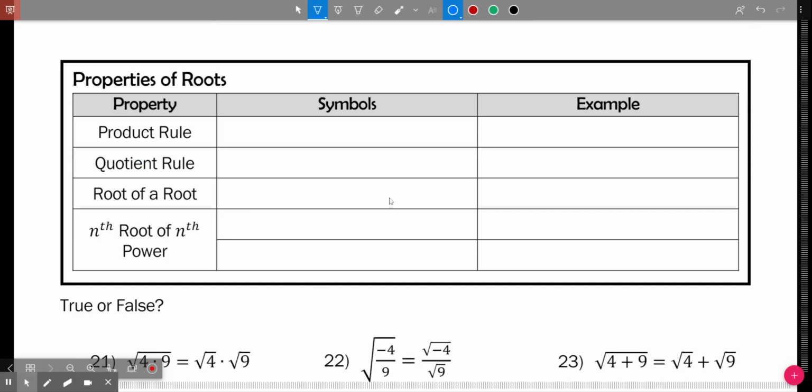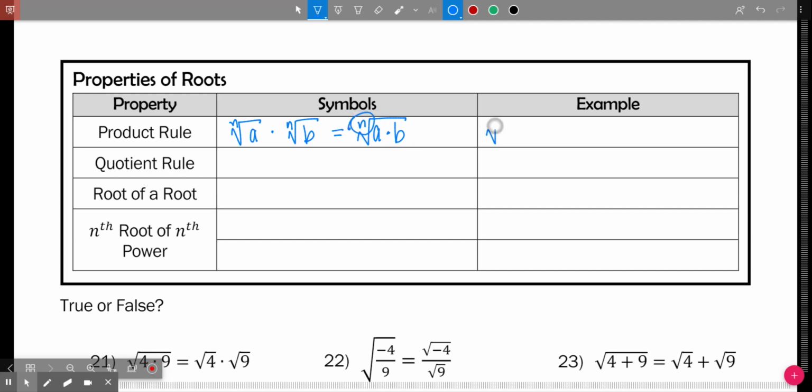Just like exponents, roots have different properties as well. The product rule states that if you are multiplying two radicals together, and those two radicals have the same index, so n, for example, might be a square, so the square root times the square root, then you can combine those two radicands, what's inside your radical, underneath the same radical with the same root.